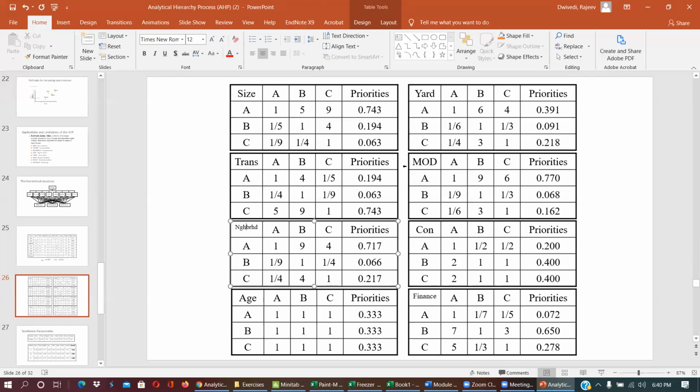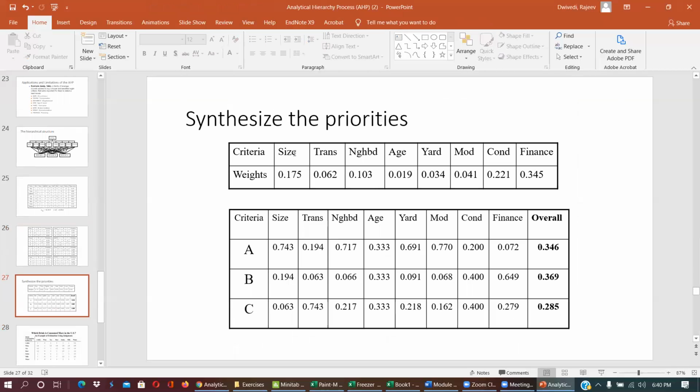Age, yard, modern, and then finance. And then overall, A is giving 34% or 35%, B is giving 36%, and C is giving 28.5%. So I will go and buy house number B based on size, transportation, neighborhood, age, yard, modern things, condition, and finance. Based on all these factors, I will prefer this first option.